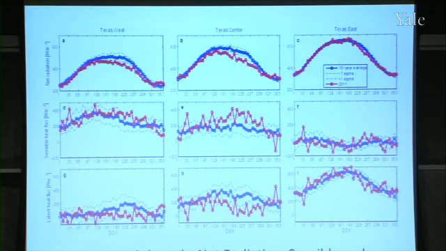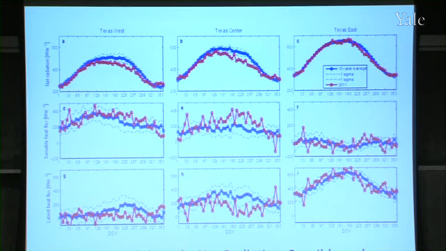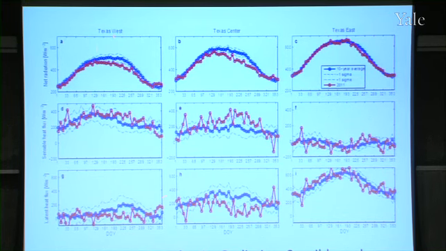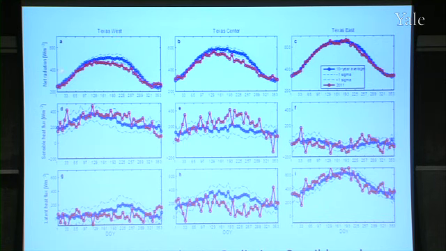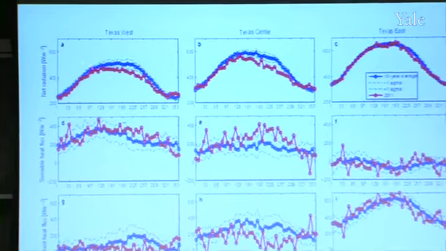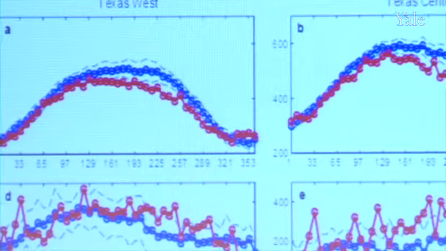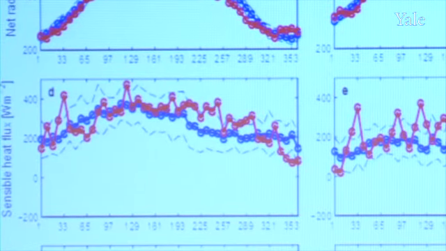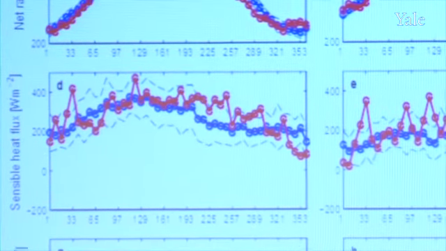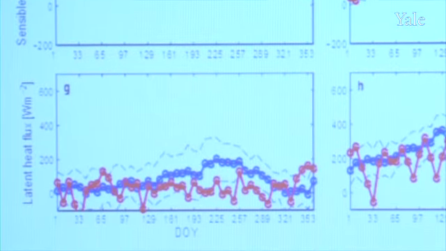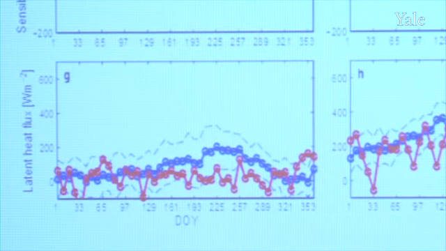Now, from that data, we're able to do some rough estimates of the terms in the heat budget equation. And I want to talk about those here. Part of this format is the same: West, Central, and East Texas. But now what's plotted is the net radiation reaching the surface, the sensible heat, which is the convective and conductive heat into the atmosphere, and the latent heat, which is a measure of evaporation from the Earth's surface.